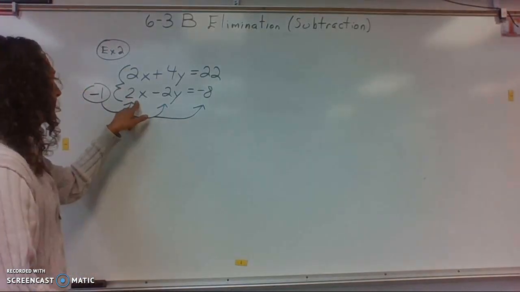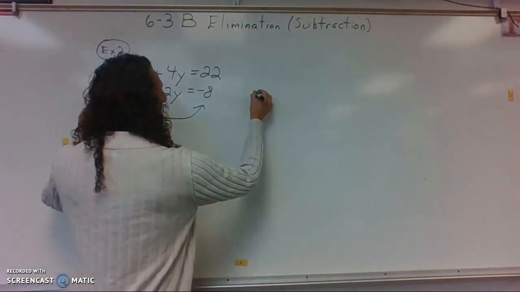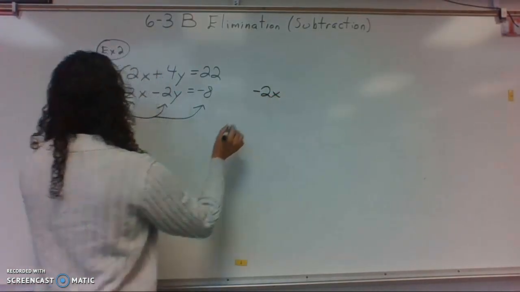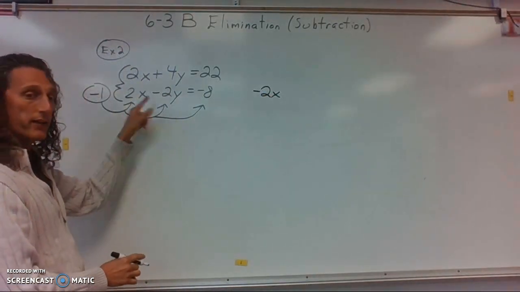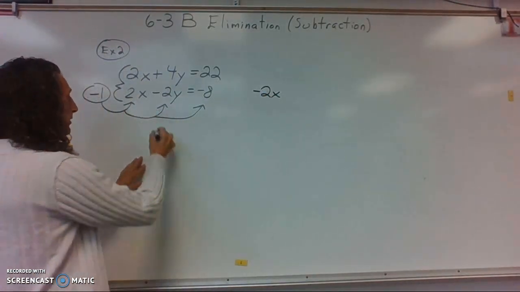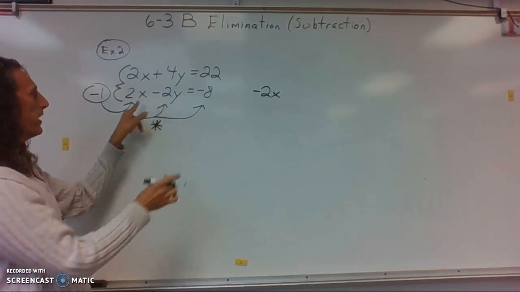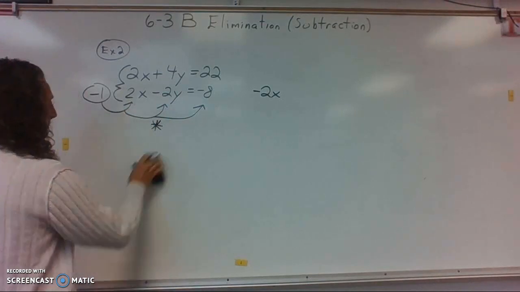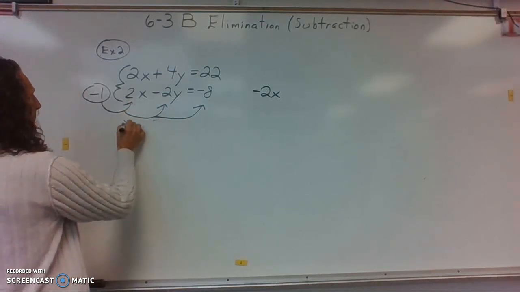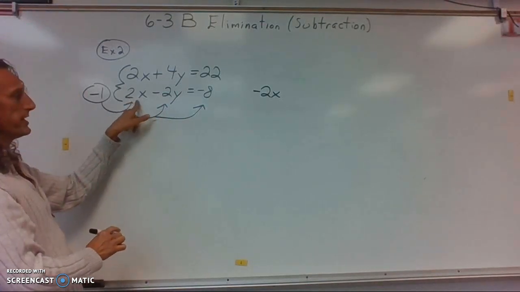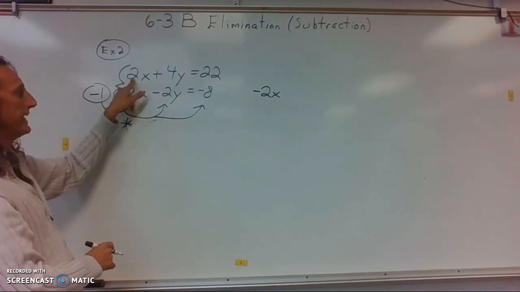So instead of a 2x, the -1 will make it a -2x. Instead of a -2y, this is the important one, it's going to change this to a +2, making an opposite.